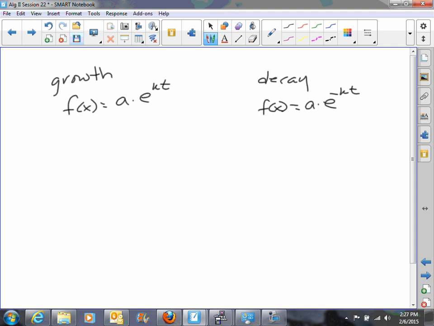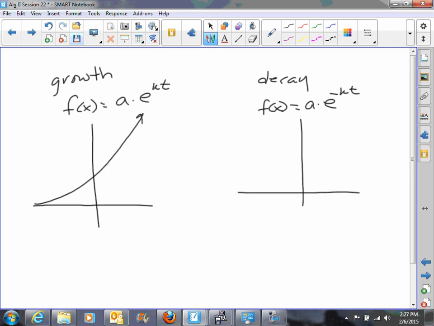Remember, if the exponent was positive with a number greater than 1, the graph looked something like this. In other words, as time goes to the right, it goes up. And if the exponent is negative, the exponential function looks something like this, and it would asymptote towards the x-axis.